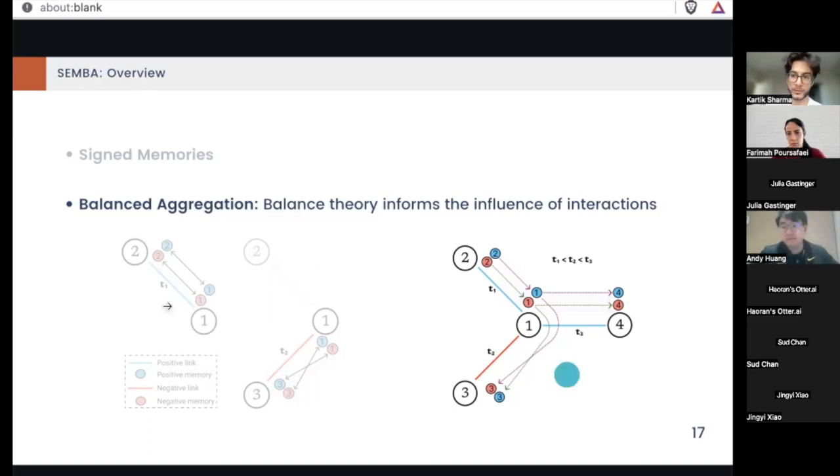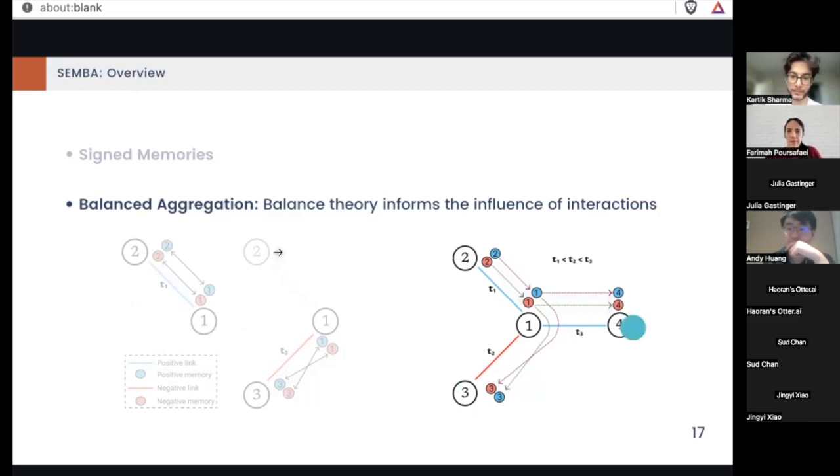That is possible, but it's unlikely that it would happen at the same time. So the timestamp will sort it out for the most part. At one interaction, the memories would be updated according to one sign, and then at another timestamp, they would be updated based on the other sign.